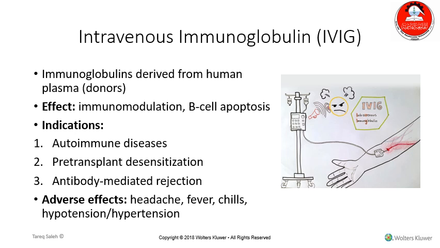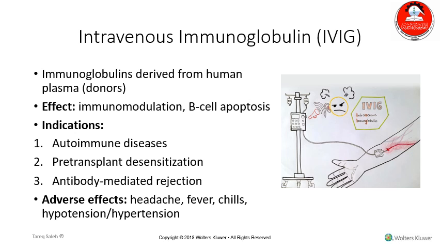Because we have blood banks full of blood samples. Some of those samples will be used to harvest the immunoglobulins or the antibodies already found in those blood samples. And we call those intravenous immunoglobulins because we can give them to other patients through the intravenous route. This drug is often referred to as IVIG.